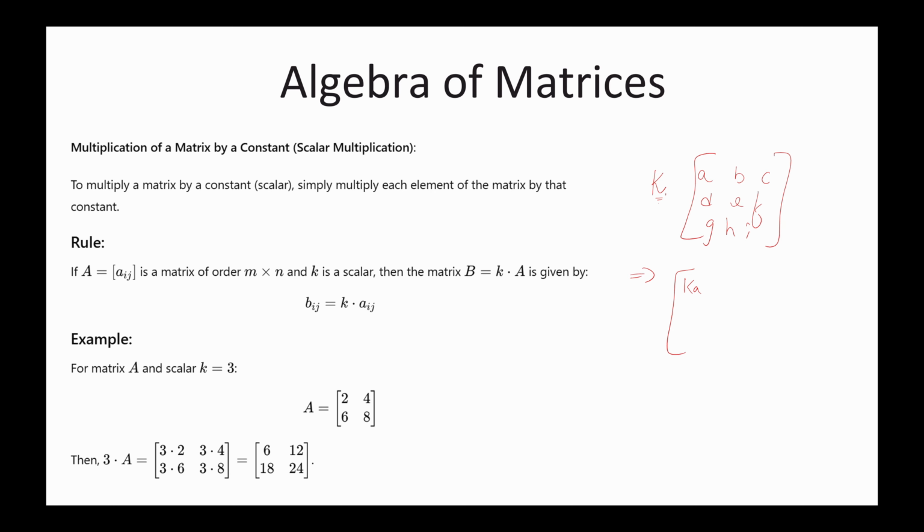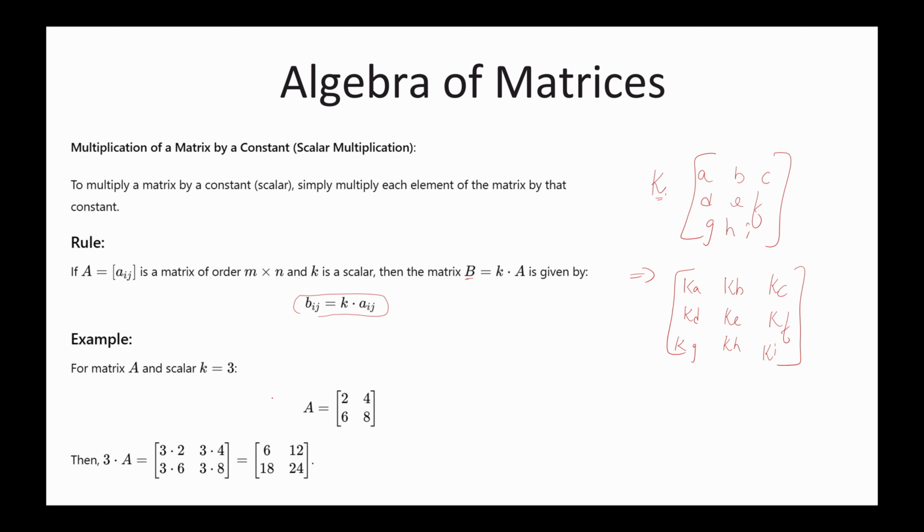It would be ka, kb, kc, kd, ke, kf, kg, kh, and ki. So you must remember this thing, that if I multiply a constant to a matrix, each and every element of that matrix will be multiplied with that constant. So here you can see, let's say B is my resultant matrix, so Bij becomes k into Aij.